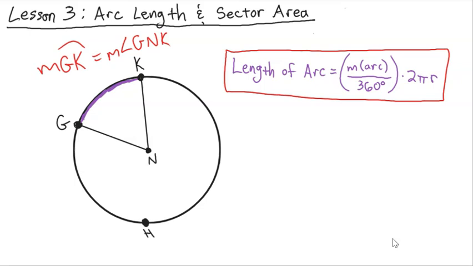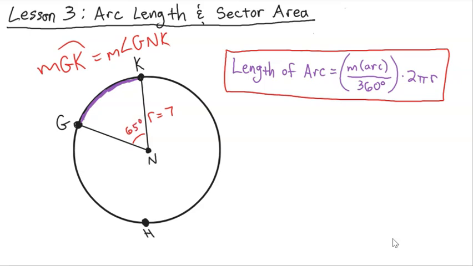So here's what we need. In order to be able to use this formula, we need two things: the radius of the circle and the measure of the arc. So let's say that the radius of this circle is equal to 7, okay? And let's say that the measure of this angle right here is 65 degrees.